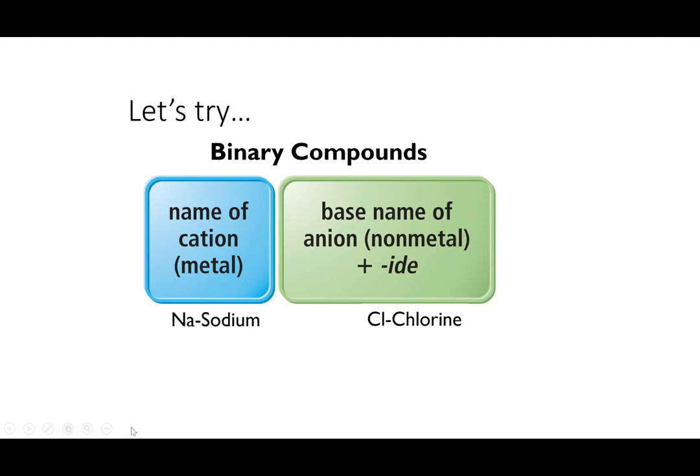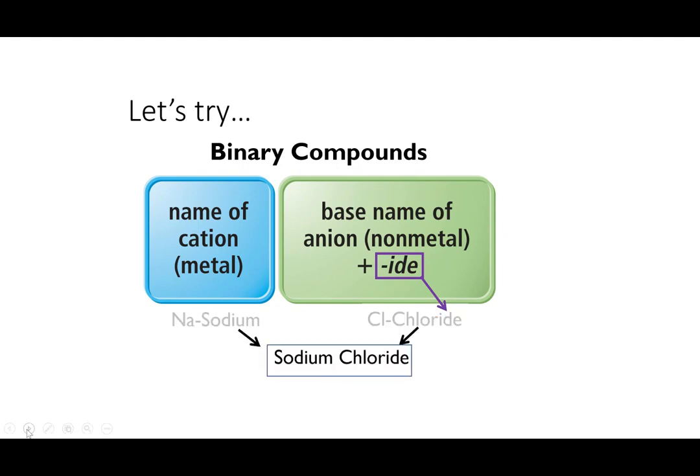We're going to keep just the base of that name, the chlor. Drop the rest of it, add IDE. So that's how we get to chloride. And then we just simply take those two pieces of the puzzle and write them together. So just simply sodium chloride.